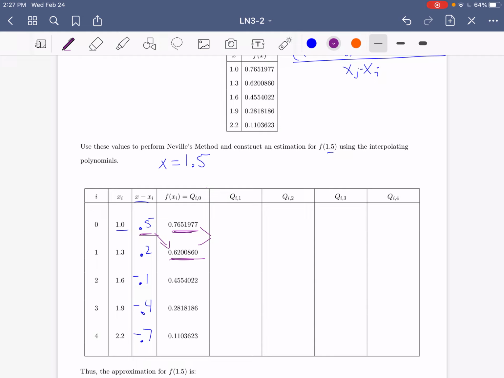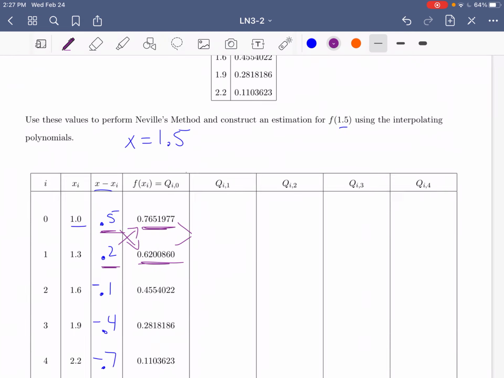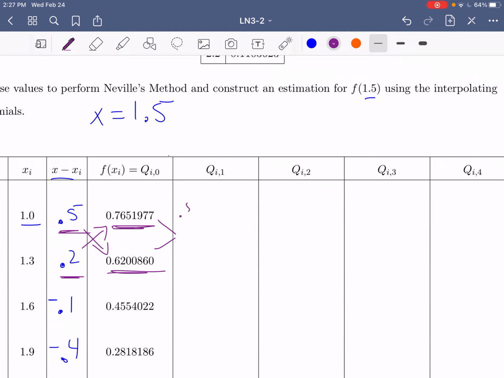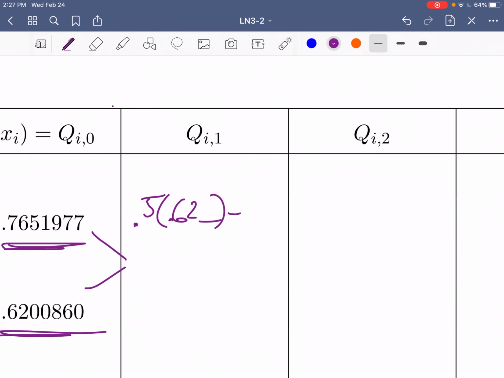And then from that, we will subtract 0.2 times this value. Right, so we have 0.5 times the 0.62 business minus 0.2 times the 0.76 business.